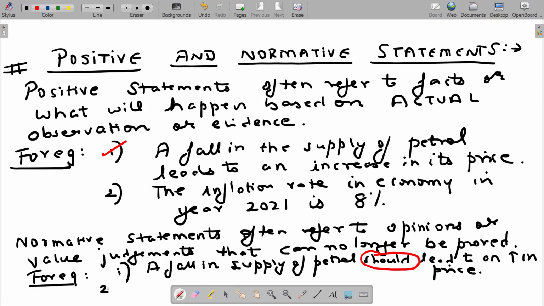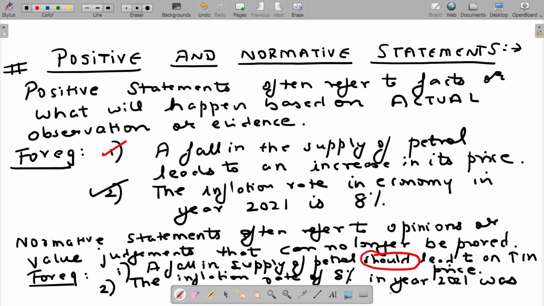Another statement, the second statement, I can mold it like this. The inflation rate of 8% in the year 2021 was the worst in 10 years.